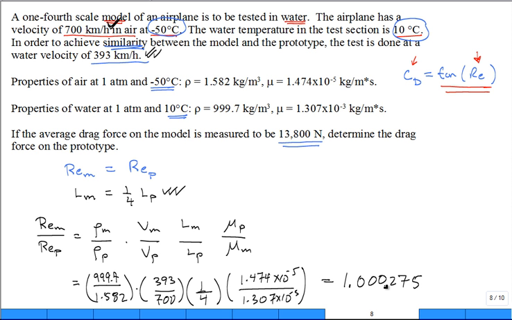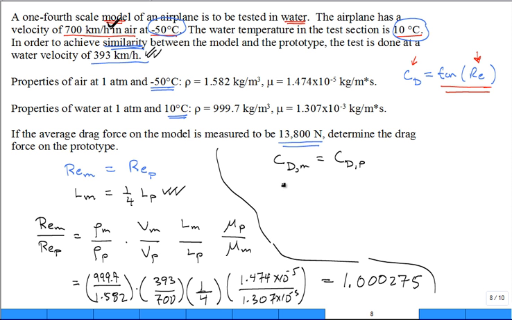Okay. Now that we've determined that the Reynolds numbers are the same, we can say that the drag coefficient is the same. So the drag coefficient of the model is equal to the drag coefficient of the prototype. What's our definition of the drag coefficient?